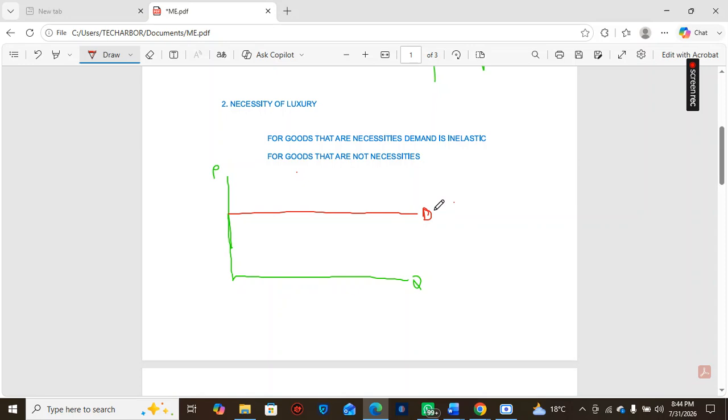So the implication on demand is that demand is very sensitive to changes in price. That's the implication when demand is perfectly elastic. Then the implication on price is that firms are price takers in this market structure.